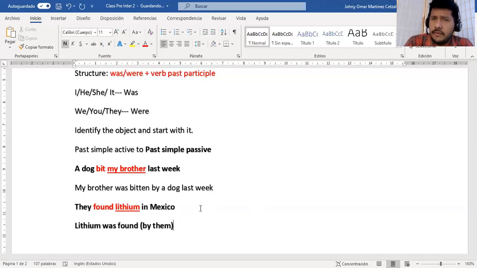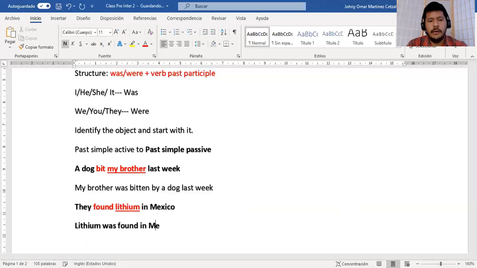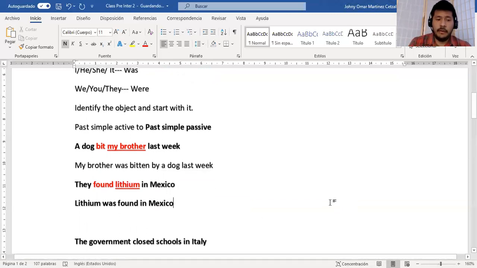Does it transmit any information? No, it doesn't. In this case, we would have to use the object pronoun. This is the subject pronoun, I, you, we, they, and this is the object pronoun. For example, me, you, him, her, them, okay? But in this case, it's unnecessary because it doesn't provide us with any information, okay? So we erase it. So lithium was found in Mexico, and it's perfect, okay?